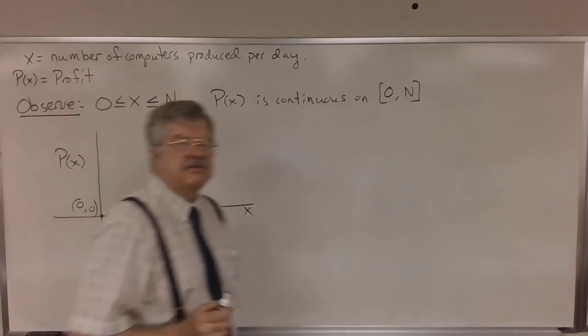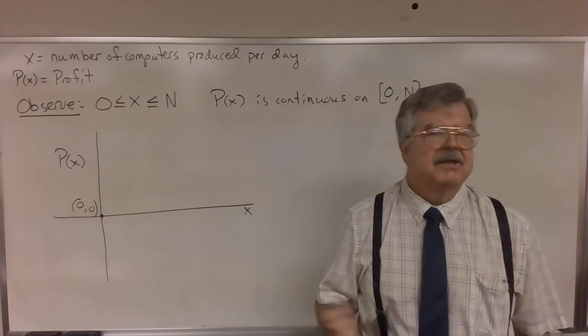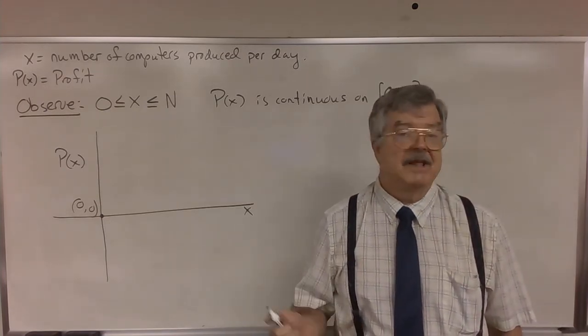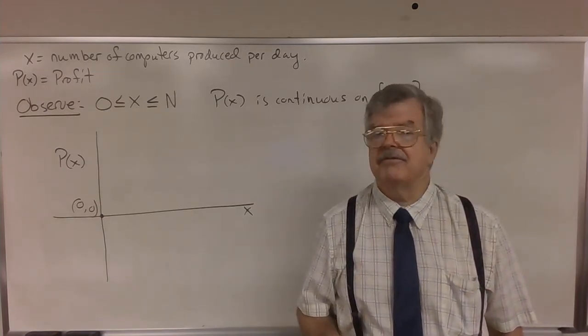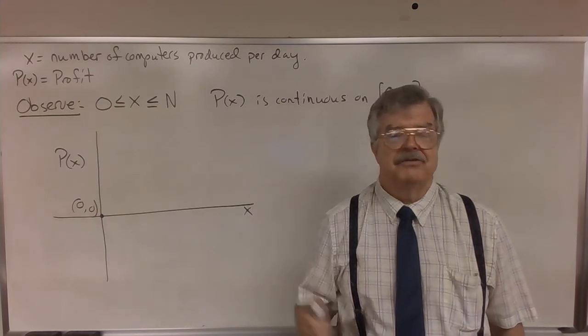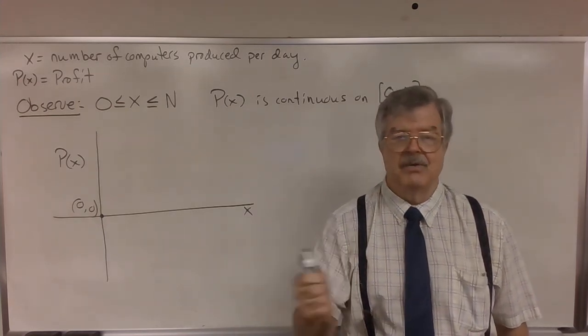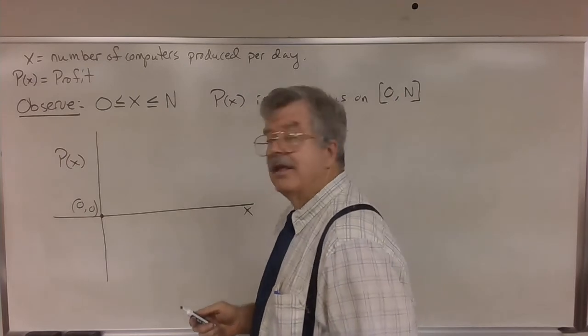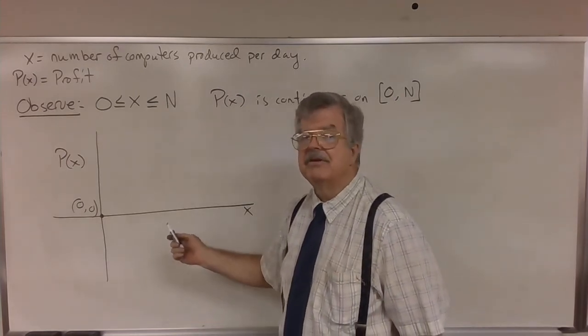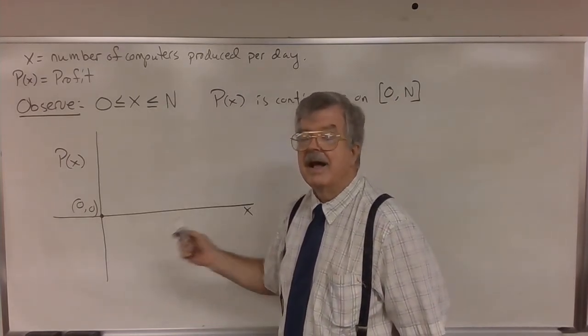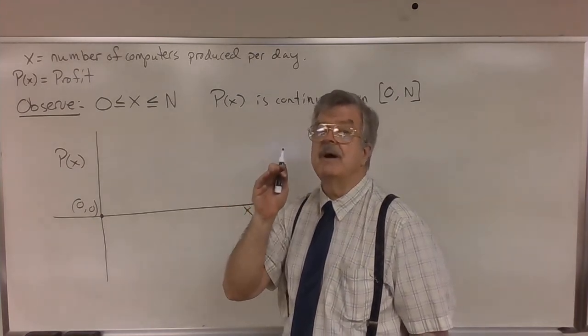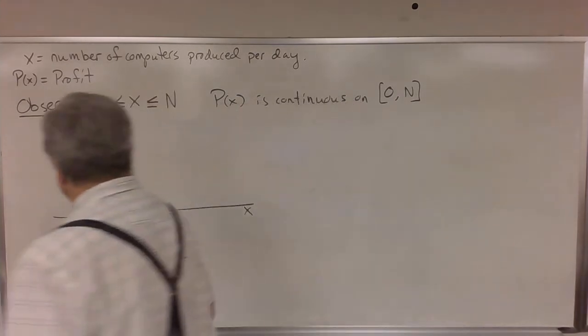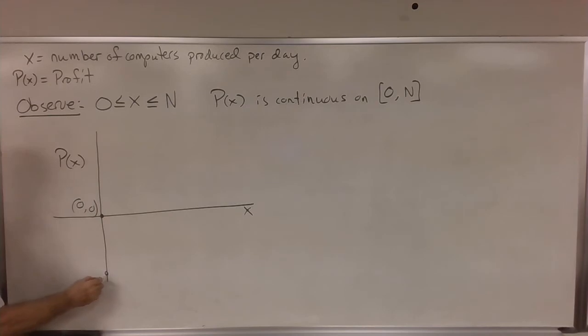I probably still have to pay utilities. I still have to pay my workers. I may have to pay on the facilities that I'm renting if I don't own the facilities. So if I'm not producing any computers and selling any computers, I still have money going out, so I'm losing money. So my profit is in the negative numbers here. I'm losing money if X equals 0.